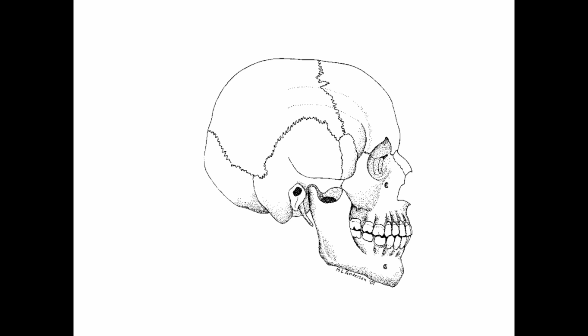We can see from the diagram here, this region is the infratemporal fossa. As we have talked about the anterior border, the inferior border, the posterior border, the superior border, the lateral border, as well as the medial border, these are the ones that we can see around the infratemporal fossa.